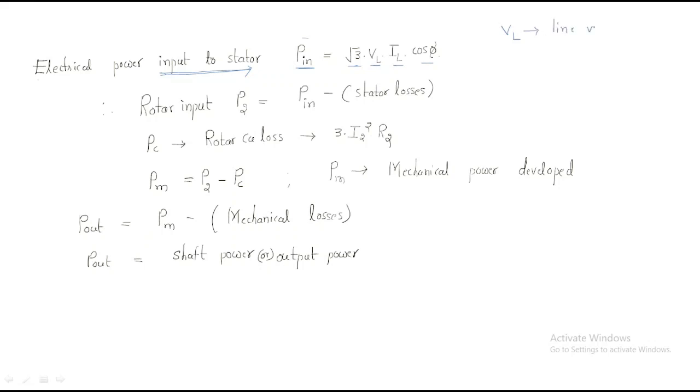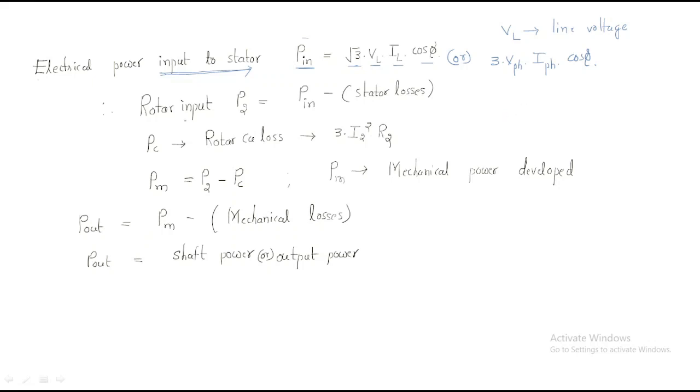In a three-phase system we have two types of magnitudes, line magnitude and phase magnitude. We can use phase magnitude also. For the phase magnitude it becomes 3 times V phase into I phase into cos phi.